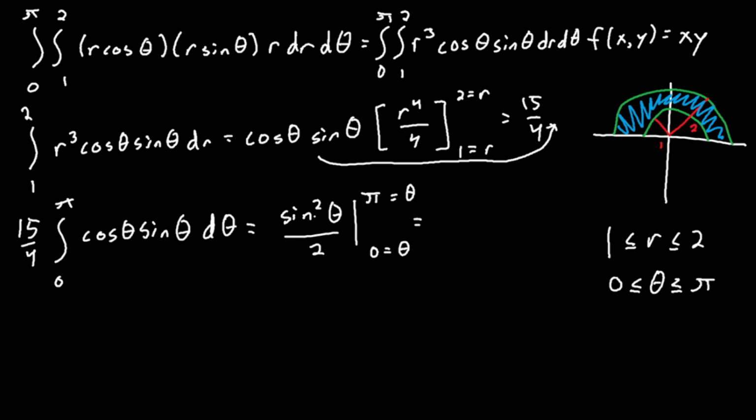If we plug in pi for sine, you get 0. If you plug in 0 for sine, you also get 0. So 0 times, let's actually multiply. It's kind of useless, but 15 over 4 times 0 is still 0. So our integral for this problem is 0.